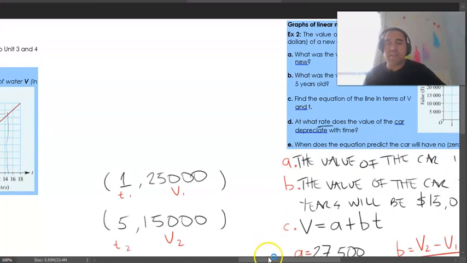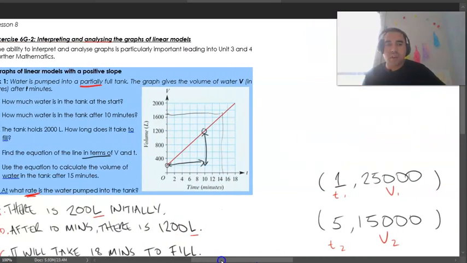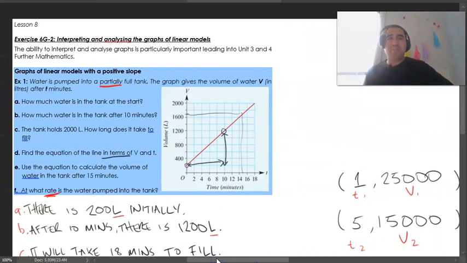And that is the end of this video. Pretty simple stuff, just taking real life context into linear modeling. Now remember that these aren't true representations of how rates work. For water pumping, it actually is a true depiction, because the pumping is consistent.